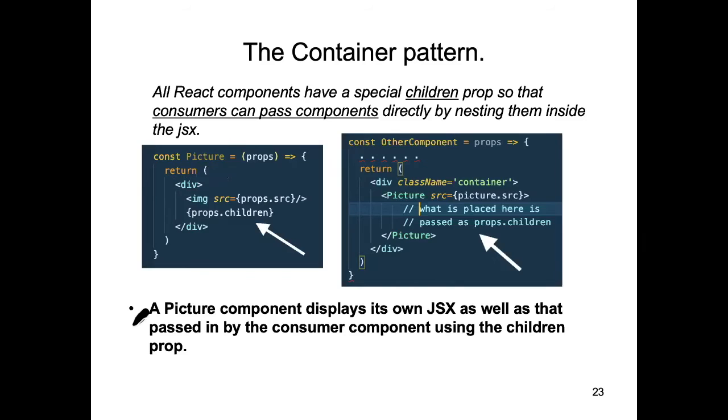And it's passed via this children prop. The children prop has always been there, available to us in all of the components that we've written so far. But of course, we haven't done anything like this so far, although we might have done it in Material UI in passing. Material UI uses this container pattern quite a lot, as it turns out.